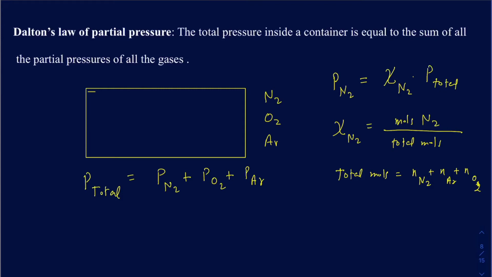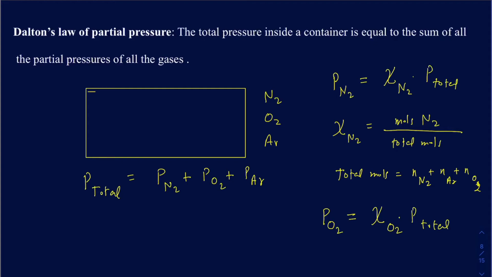Now, if you want to figure out the partial pressure of O2, you would use a very similar formula: the mole fraction of O2 times the total pressure. Sometimes they give you the moles of the gases and the total pressure. In that case, you can figure out the partial pressures by first figuring out the mole fraction and multiplying it with the total pressure.